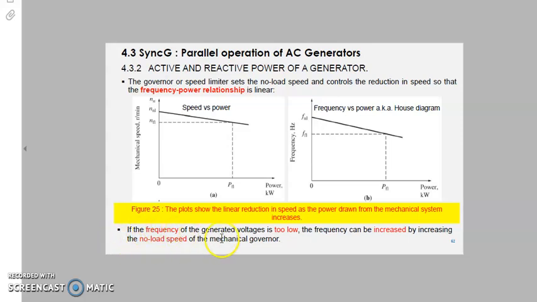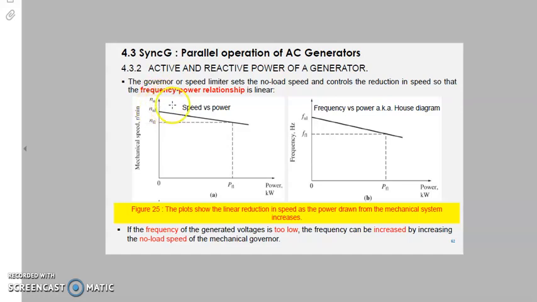If the frequency of the generated voltage is too low, the frequency can be increased by increasing the no load speed of the mechanical governor. It means that if you find the speed at this point is too low, you have to shift the whole curve here. The speed at no load you have to increase.